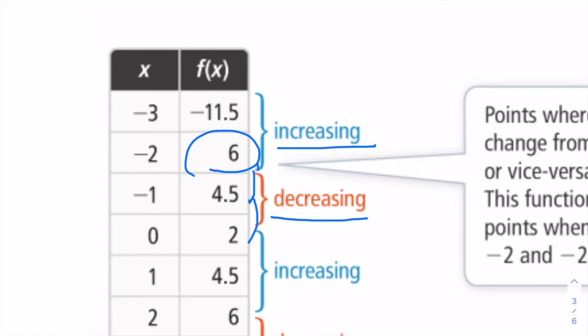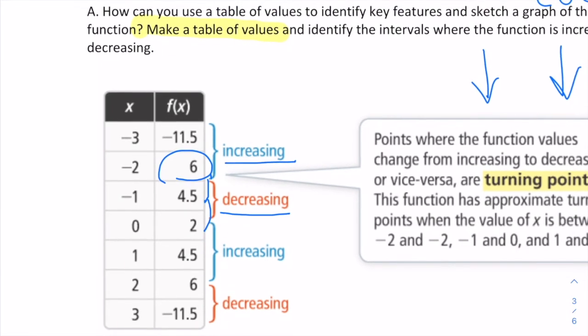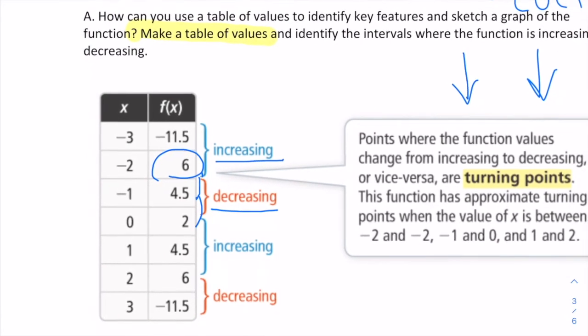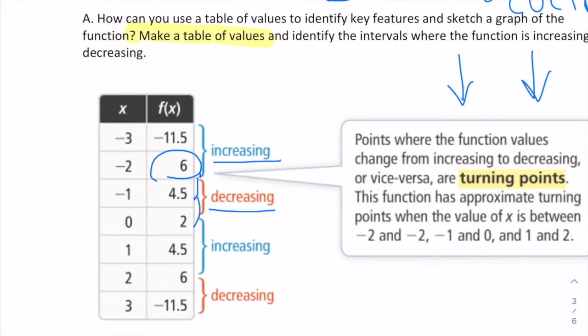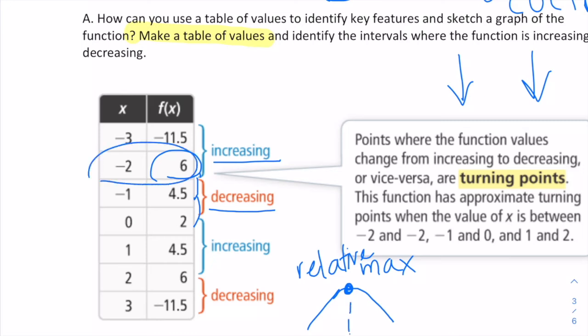And since 6 was where it started going up and then started going down, that's going to be a turning point. If we think of something that's going up and then going down, we know that's going to be a maximum, or relative max, because this function is definitely going to keep changing. And so this point, -2, 6, is a relative max.